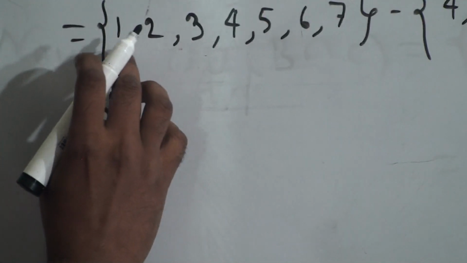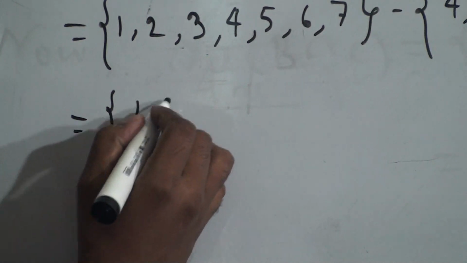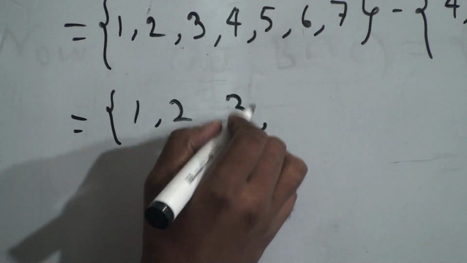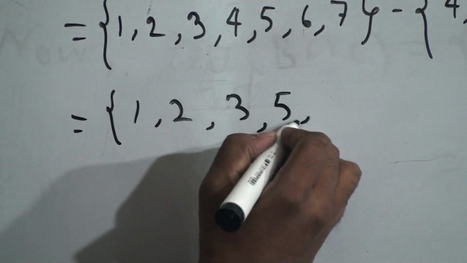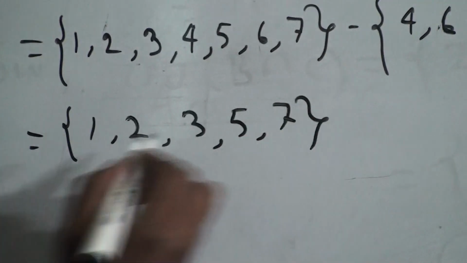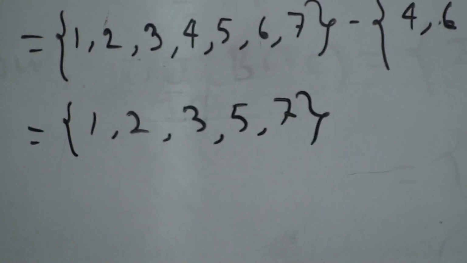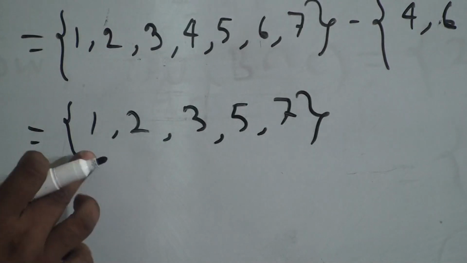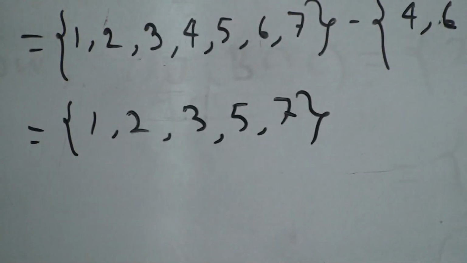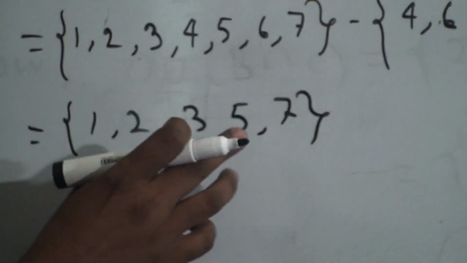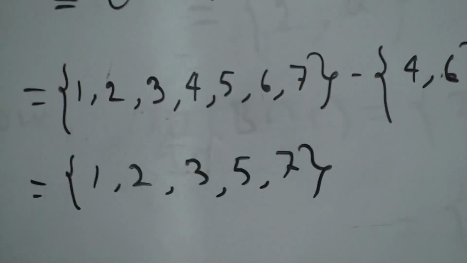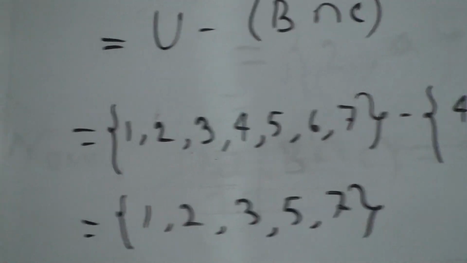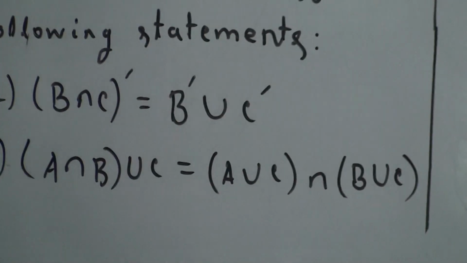Such elements are 1, 2, 3, 5 and 7. That means the value of left hand side is 1, 2, 3, 5 and 7. Now we have to find out the value of right hand side.